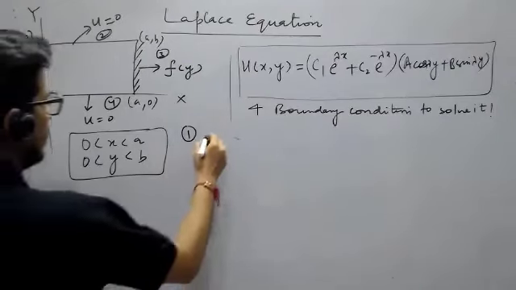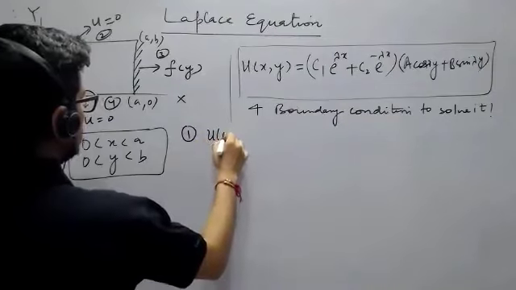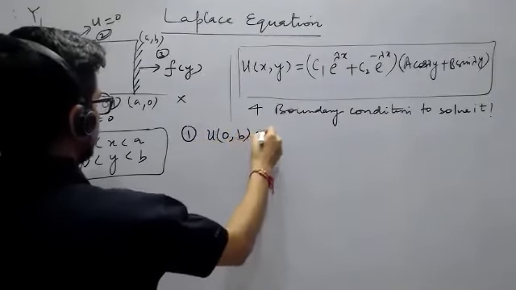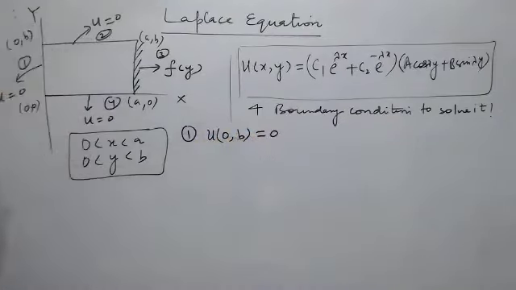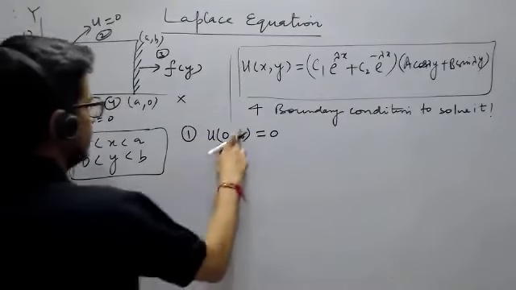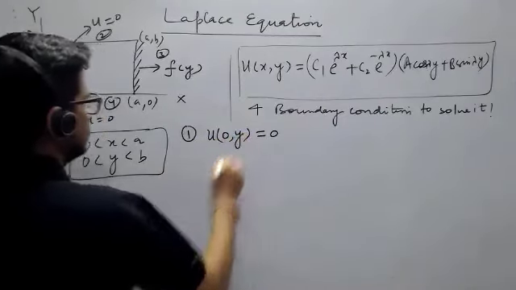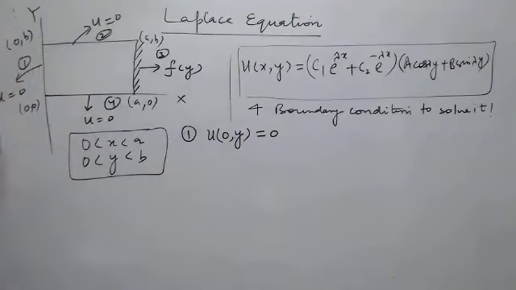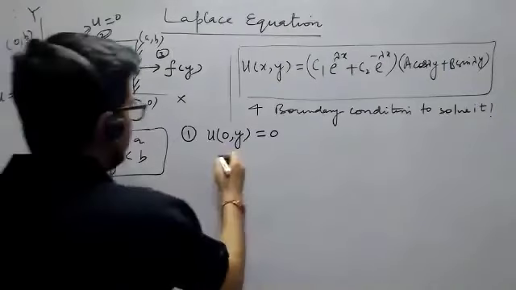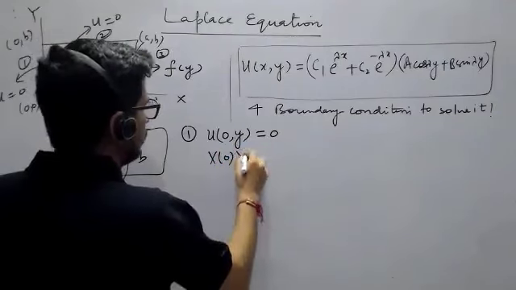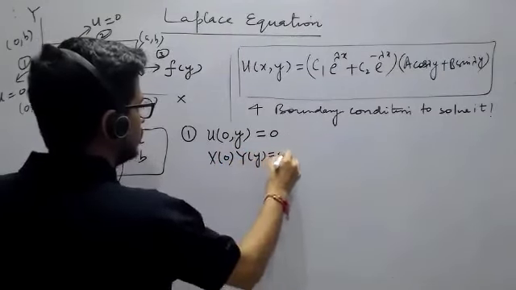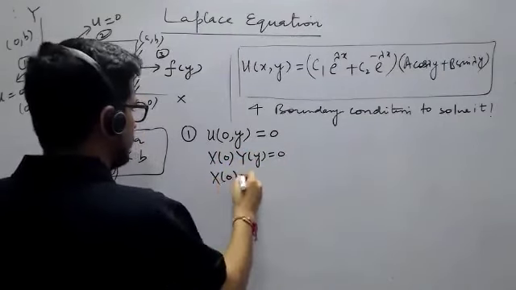So that means u is equal to 0 at (0,y). Please understand this. At this whole line, what will the value of x be? It will be 0. So this gives X(0) into Y(y) is equal to 0, so X(0) is equal to 0.